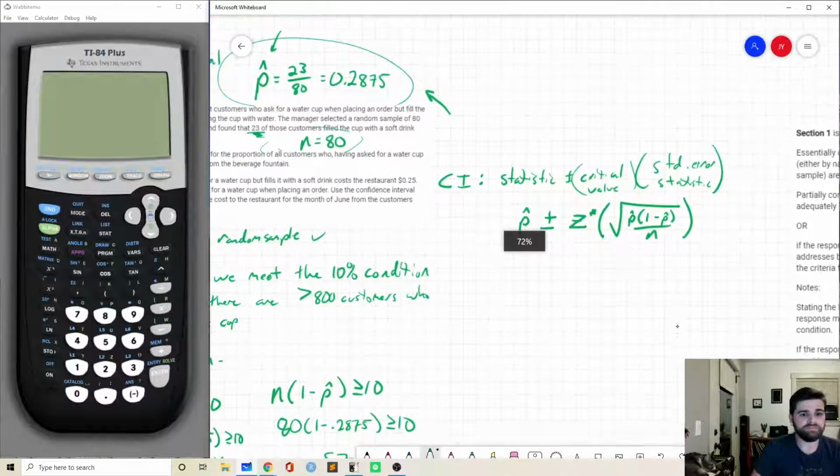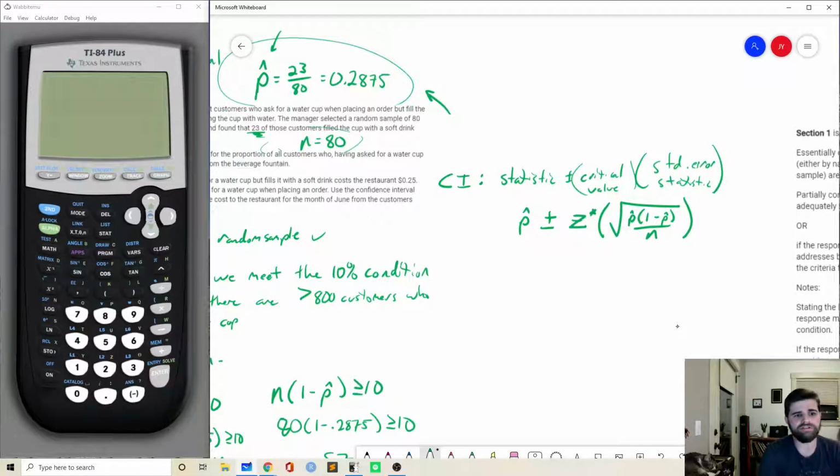Okay, so we're going to plug in all of our values, except I'm not going to do this. I don't want to do all the math, and I've done a good job of identifying the formula of what I need to do. So I'm actually going to use my calculator to do this last part because it's less work, and I've shown enough that I know what I'm doing. I haven't said what my critical value is yet, so I might want to mention that.